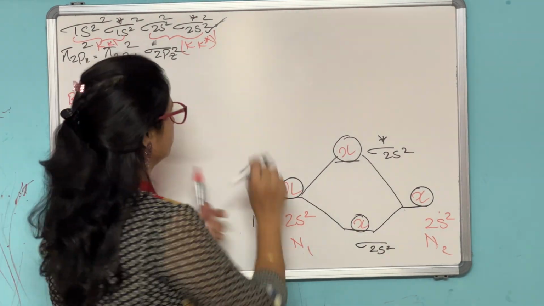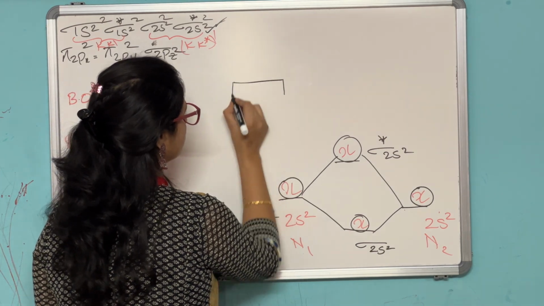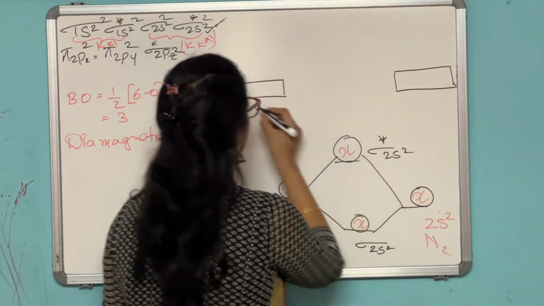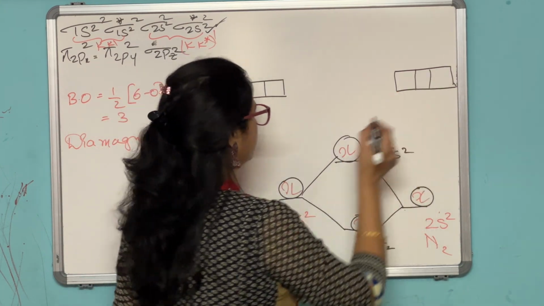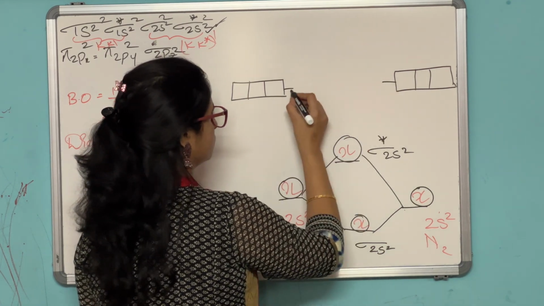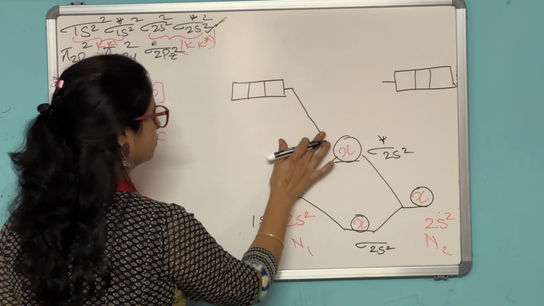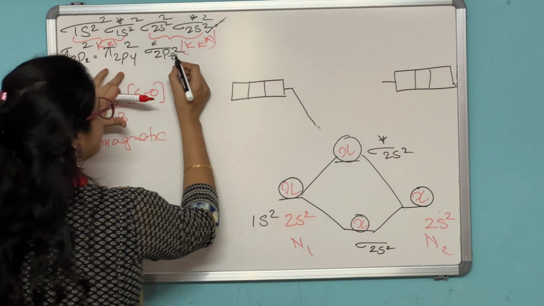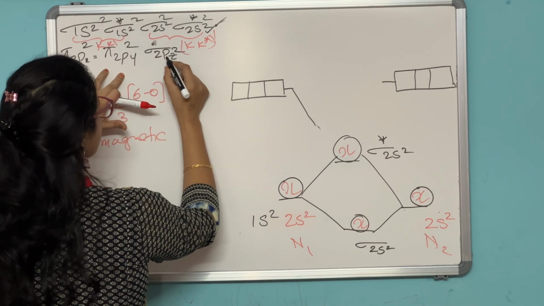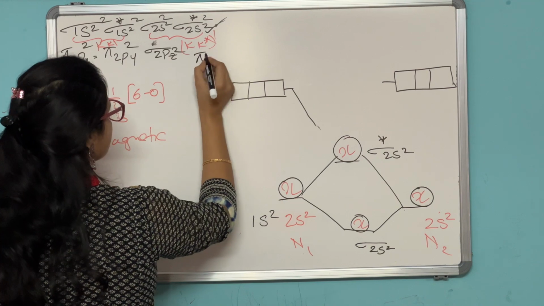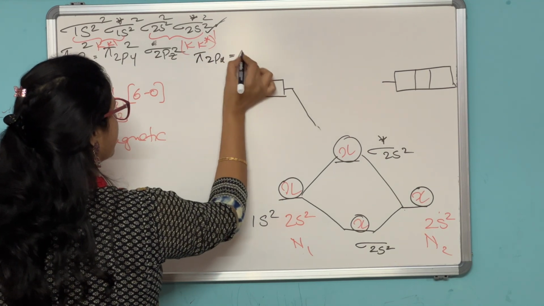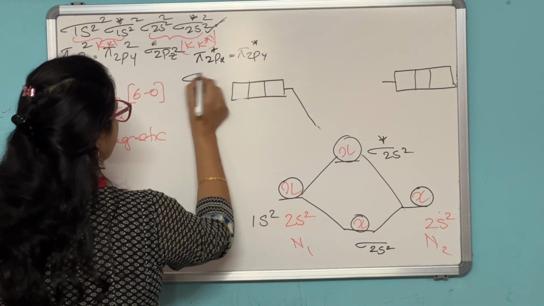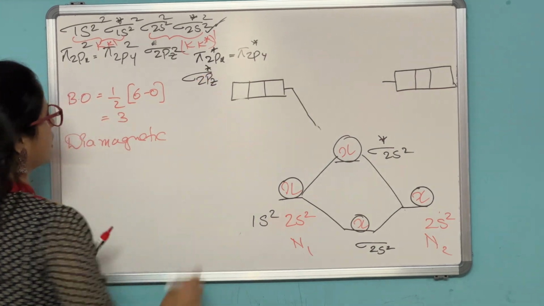And next here, I'll write the continuation of this electronic configuration: sigma 2pz, and here it is pi 2px equal to pi 2py, and sigma 2pz star.